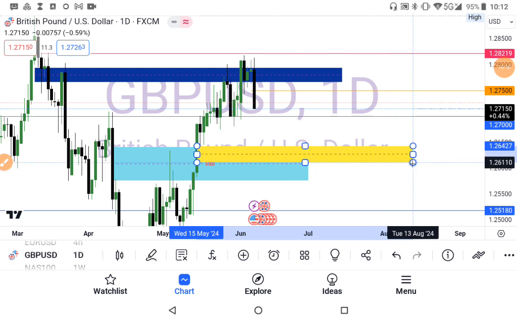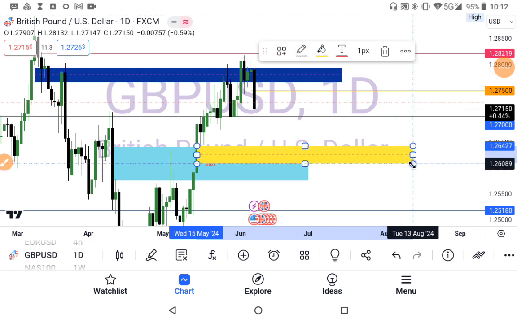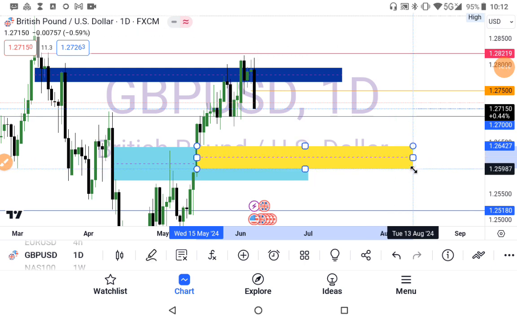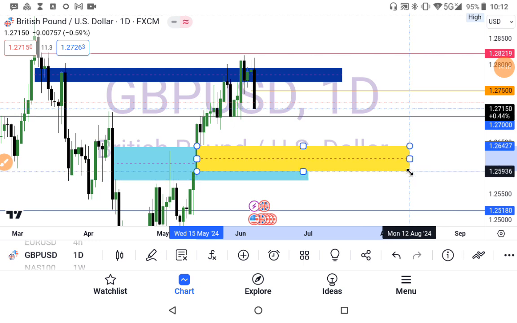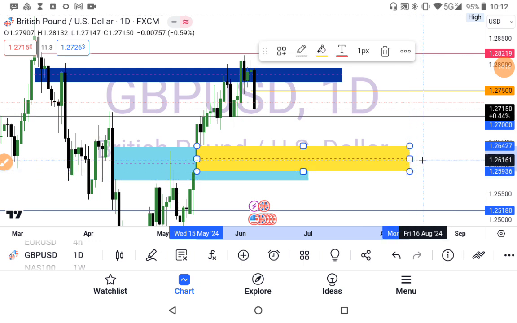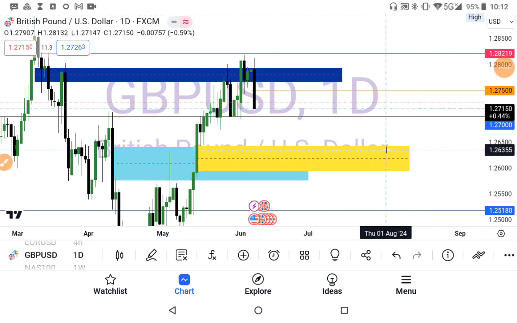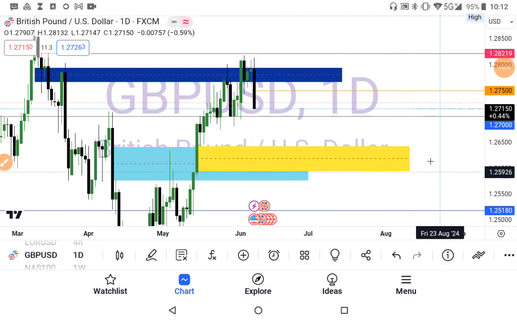So that was the bearing behind my 1.26 thousand. So I'm expecting that movement into this.